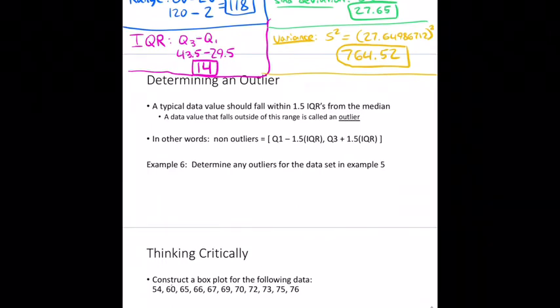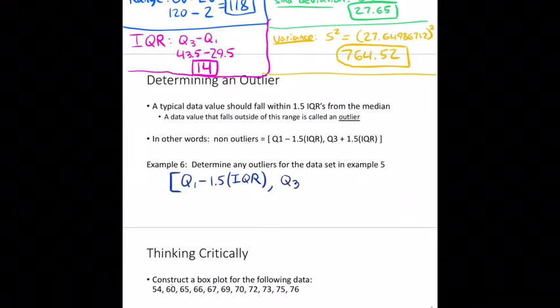So the way we're going to do that is we are going to fill out this formula. So I'm going to write it. Our formula is Q1 minus 1.5 IQR, IQR is all one thing, through, that's what this comma means, Q3 plus 1.5 IQR.